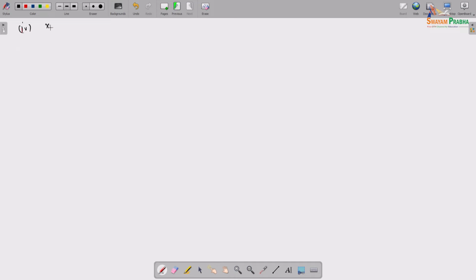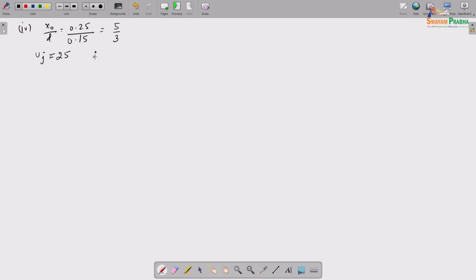Okay, so x naught by d is equal to 0.25 by 0.15, which is equal to 5 by 3. Okay, then uj is equal to 25, right.